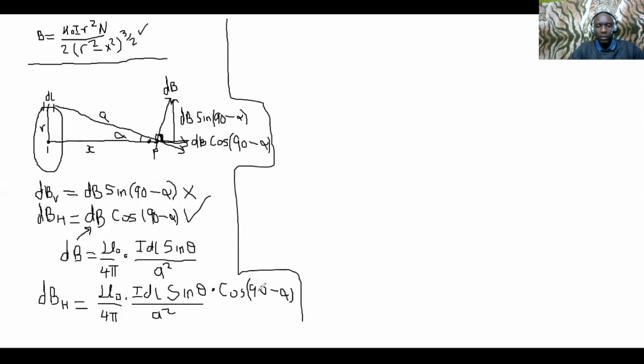Now let us check how we are going to simplify cos of 90 minus alpha.